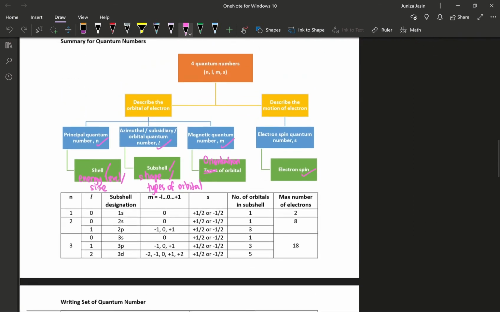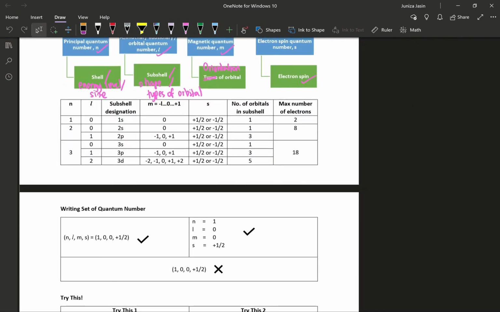Okay. So, next thing yang saya nak ajar dekat kamu sini adalah bilangan elektron yang boleh isi dalam satu orbital. For example, you have 1s orbital. Dalam satu orbital can fit only 2 electrons.